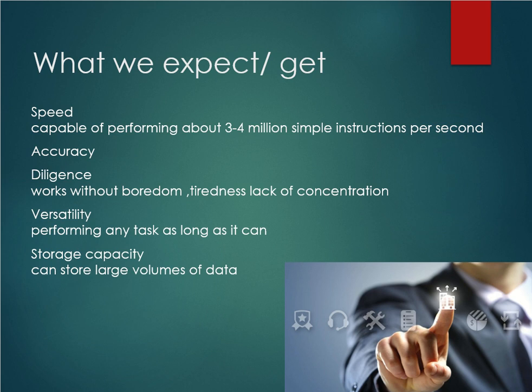Speed, we know that obviously computer, if we have a program or design the software to do something or perform a task, then we can get the output as quickly as that particular program generates the output. Okay. And there's a sort of scale in millions. About 3 to 4 million simple instructions can be performed within a second. Okay.